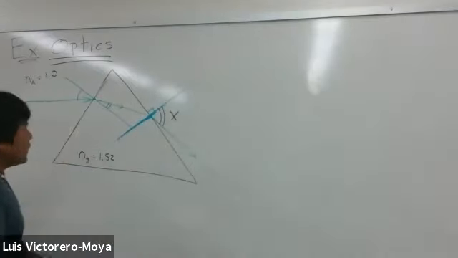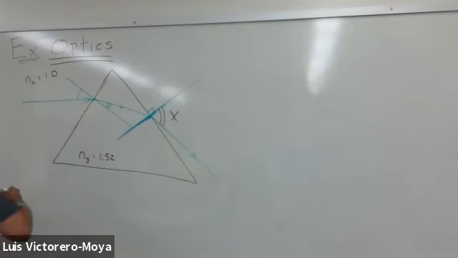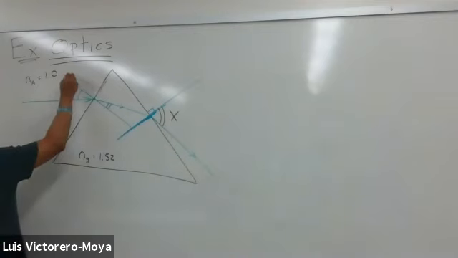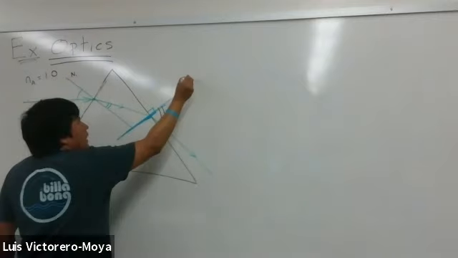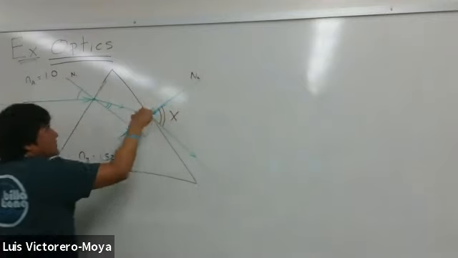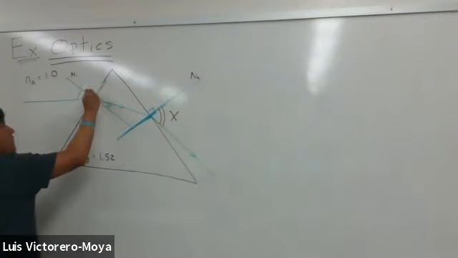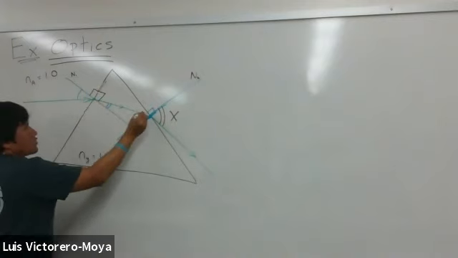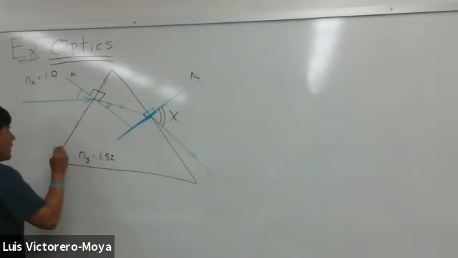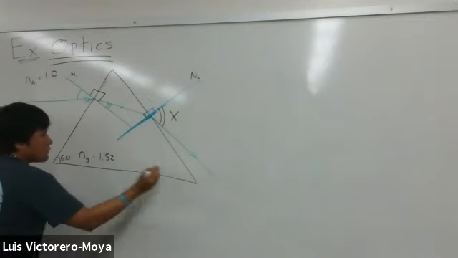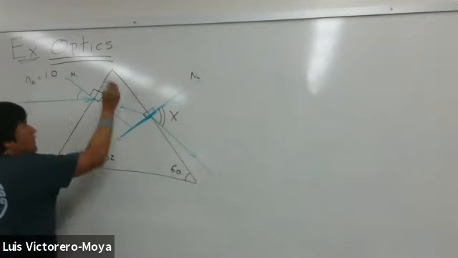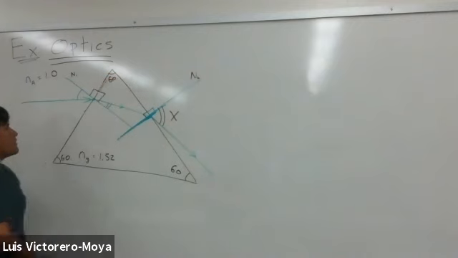So that's your figure. Remember that these are normals. So we call this N1 and N2. That's 90, and then here also 90 degrees. And this is 60, 60, and 60. Right? That's what you have.